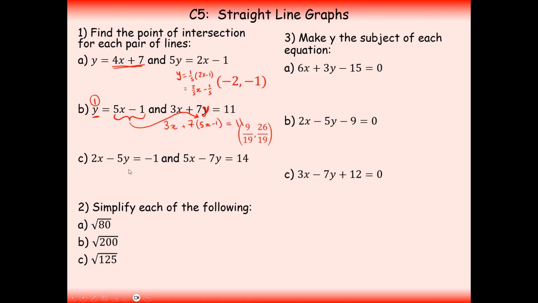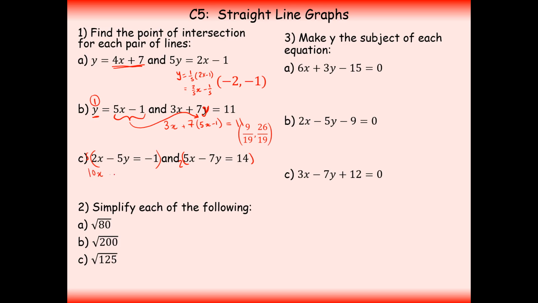Again, the next question, you could use elimination or substitution. It's not important which method you use as long as you work it out. I would times this equation by 2 to get a 10 in front of x, and I would times this equation by 5 to get a 10 in front of x.